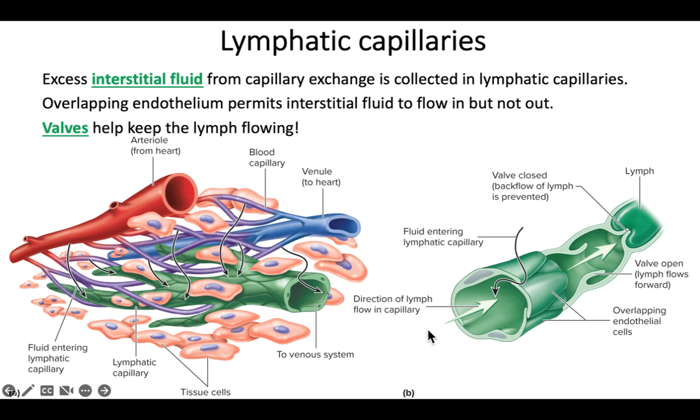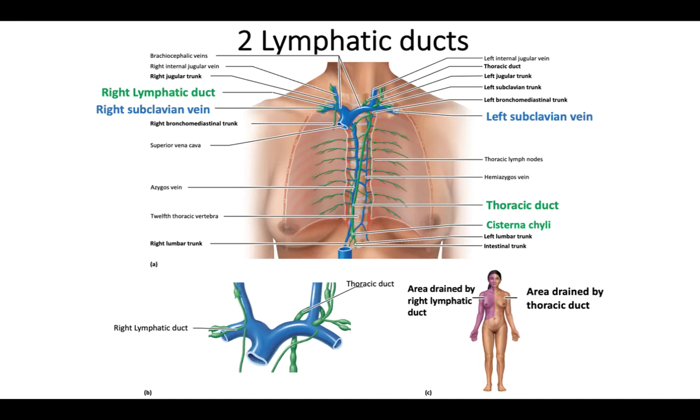Flow of lymph requires a lot of the same things your venous return requires. Muscle contraction helps, and then there's just this very small pressure gradient that helps drain that lymph through these lymphatic vessels. Eventually, these lymphatic vessels get bigger and bigger, and then they finally form the two ducts.